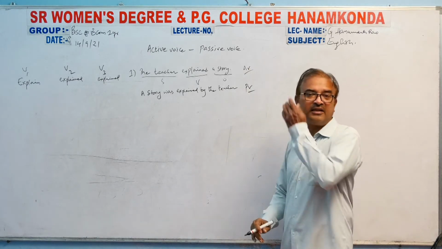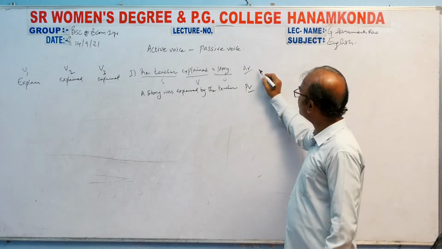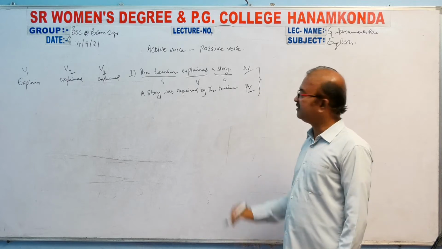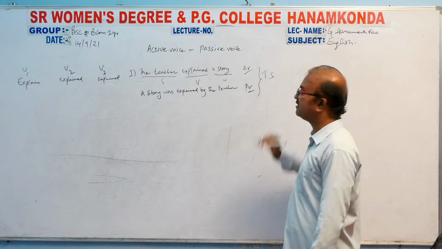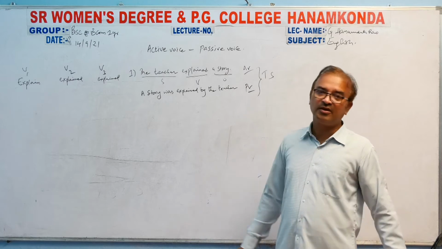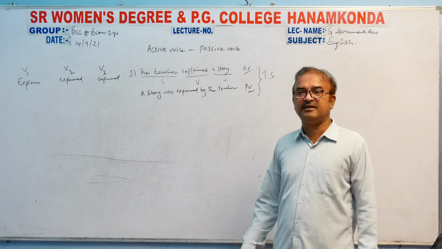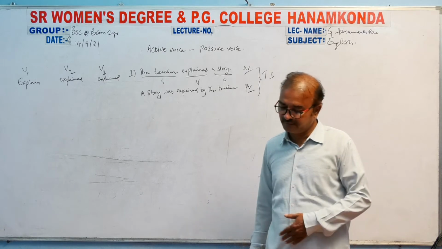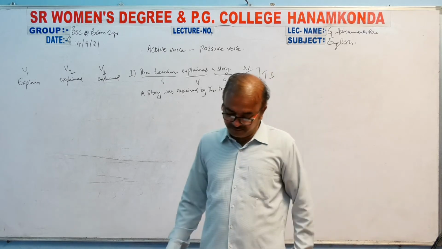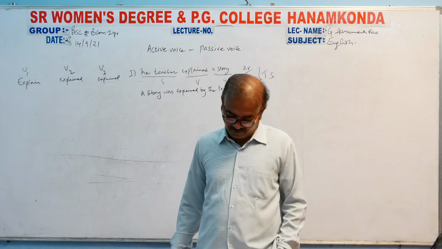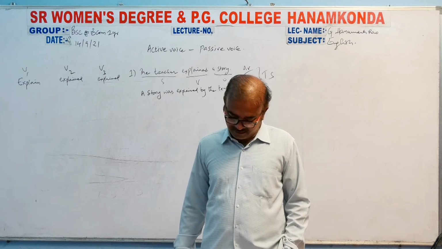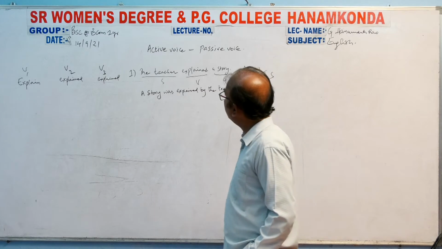So with this we come to know that this is a transitive sentence, because we got a chance to change the voice from active to passive. From active to passive. Okay, another one. Right, another one.